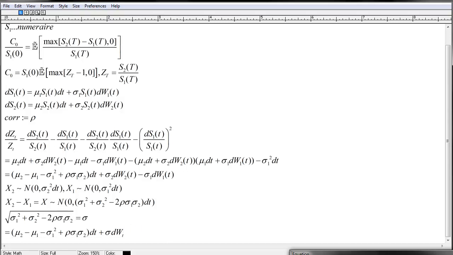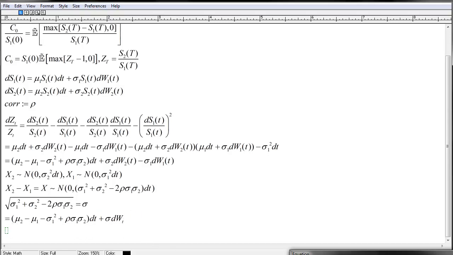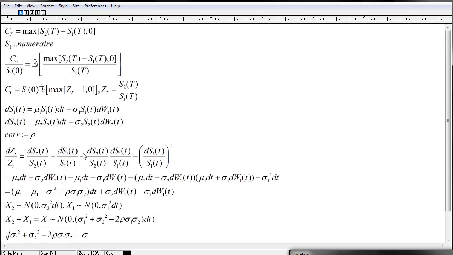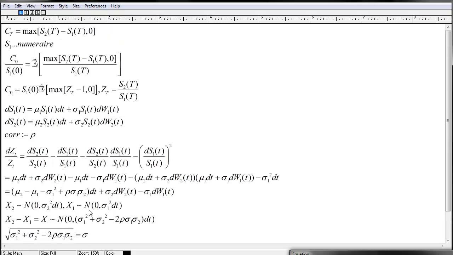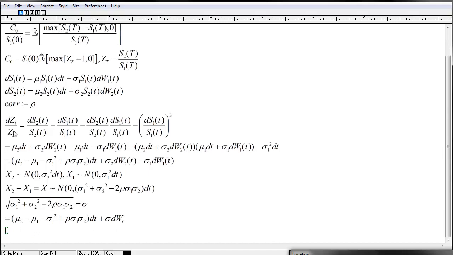Well, we know that under risk neutral measure this term must be 0, because under risk neutral measure this term must be martingale. Okay, and martingales are driftless.